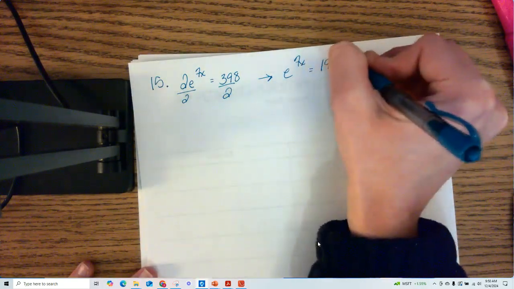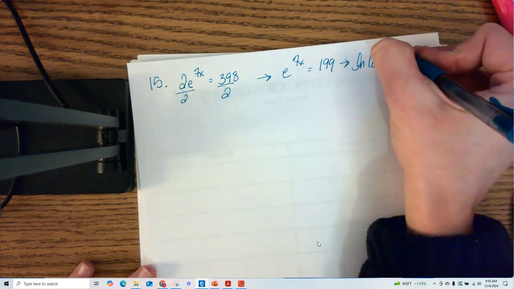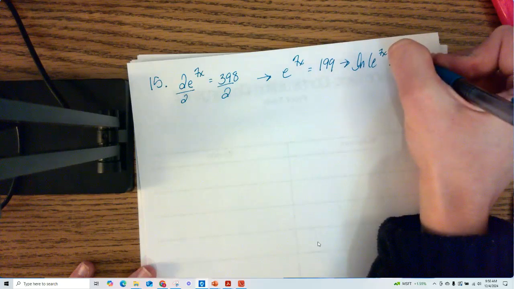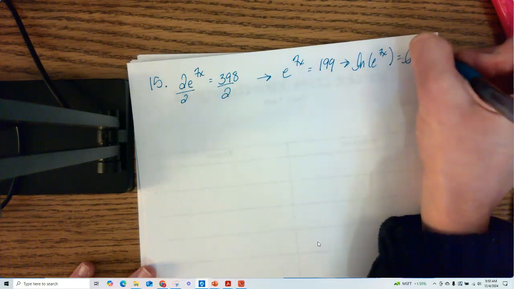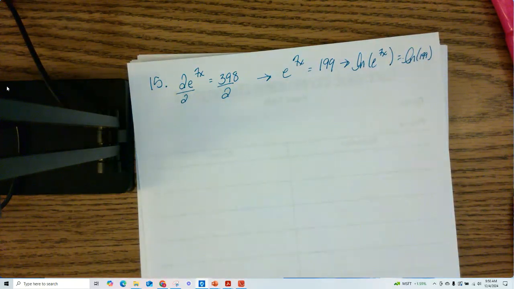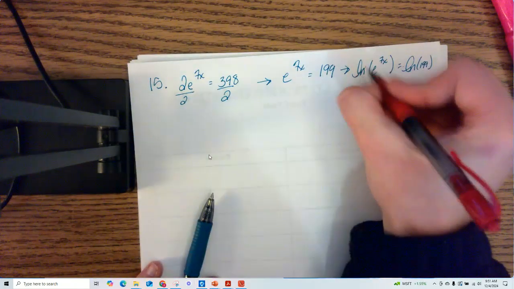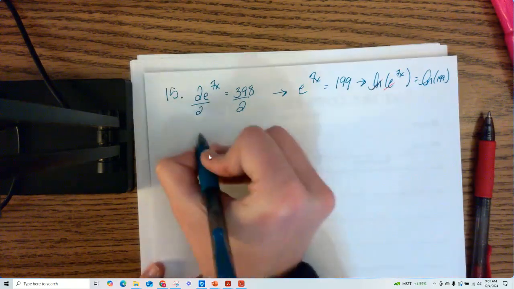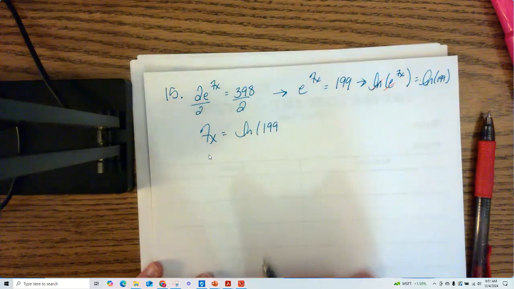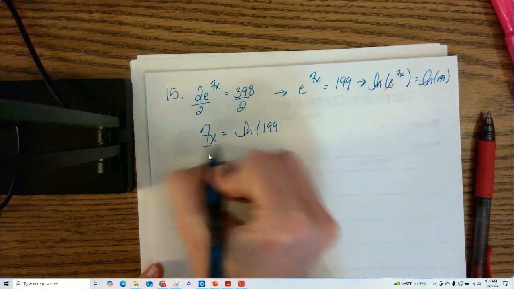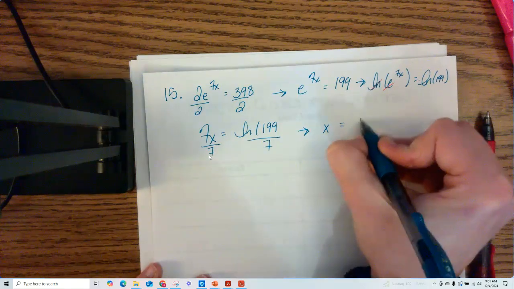If we take the natural log of both sides, the natural log and that e cancel, and it just becomes 7x equals the natural log of 199. Then if we divide both sides by 7, that should be our x.